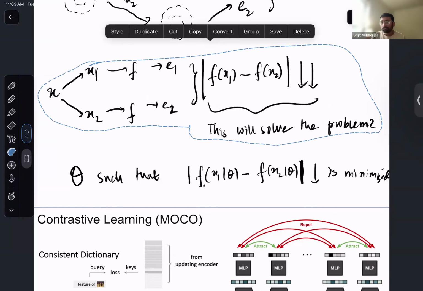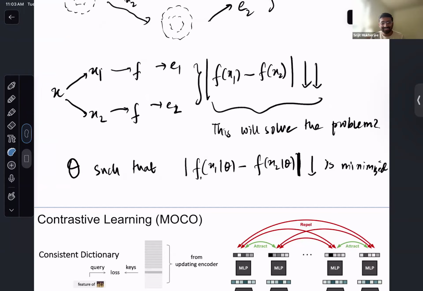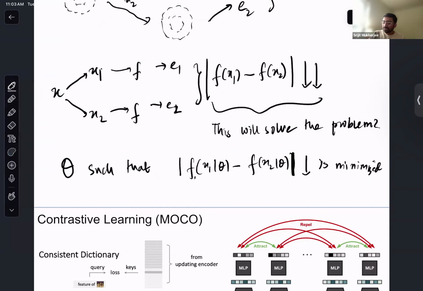Any idea? I know Devendra knows the answer. Very good. Okay. Yeah. So it's minimized when all of them are constant, that f of xi is constant. Not just constant, there are other aspects too, where it can be in a low dimensional subspace and other places.